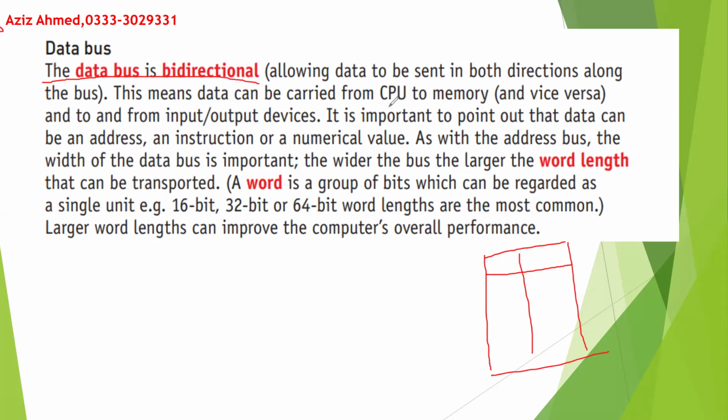This means data can be carried from CPU to memory and vice versa, memory to CPU, and to and from input output devices, because we give data through input devices and show data from output devices. Got the idea? Unidirectional means it can't be carried back to the CPU. Bidirectional means you can read data, you can write data.